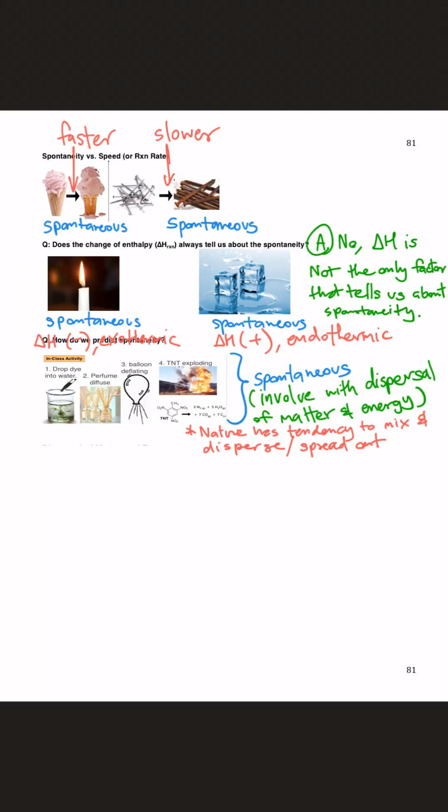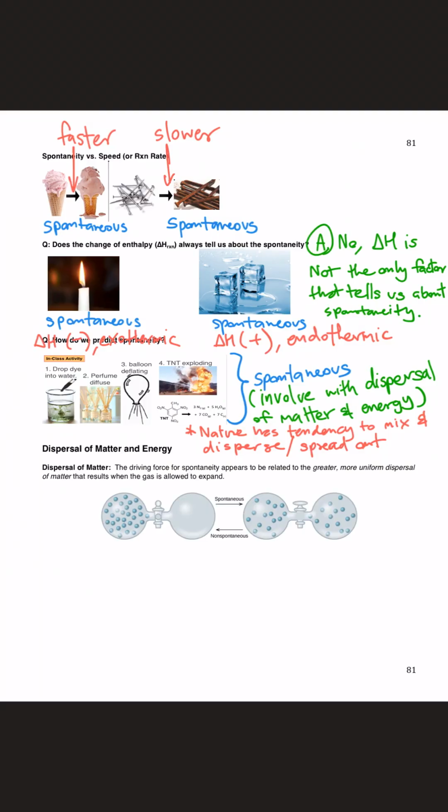However, to make your room organized again, that process would be non-spontaneous because you will need to put in ongoing work to clean it up and put things together in order. So the spontaneous process would be the process that becomes more disordered in matter or energy, or more spread out in matter or energy, because the dispersal of matter and energy is a driving force for the spontaneity of the process.